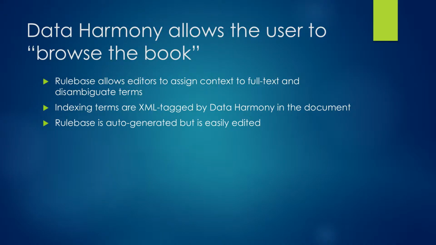So with data harmony, the rule base allows the editors to assign context to full text and disambiguate terms. She and I were having this discussion about how sometimes, especially when you're working with technical papers or hard science papers, and especially when your authors are non-native speakers of English, their syntax for their native language is not the same as English, and so the rules that we would normally use to assign context to pick up your concepts are not going to be necessarily as efficient.